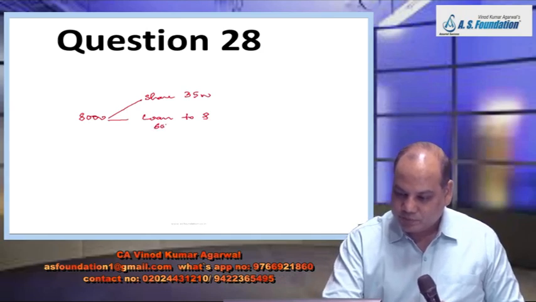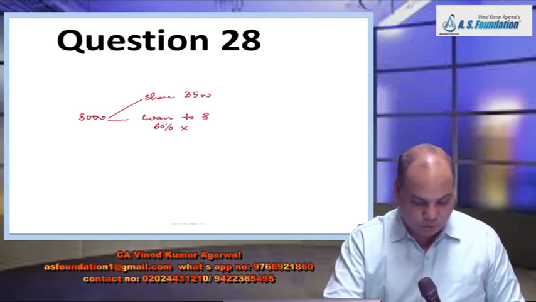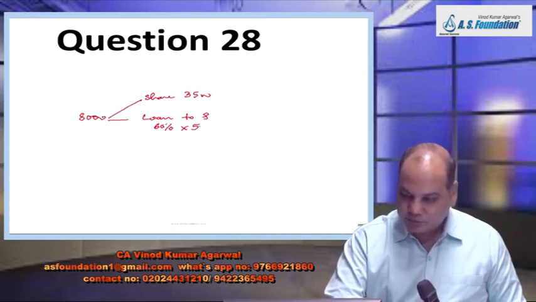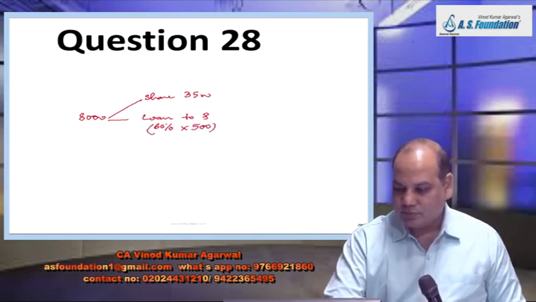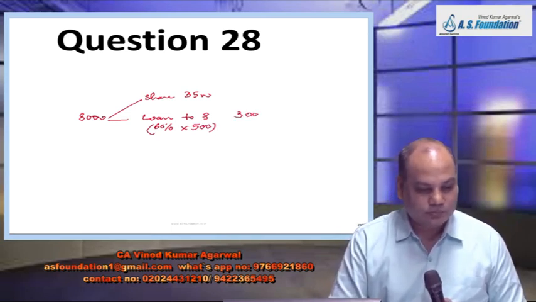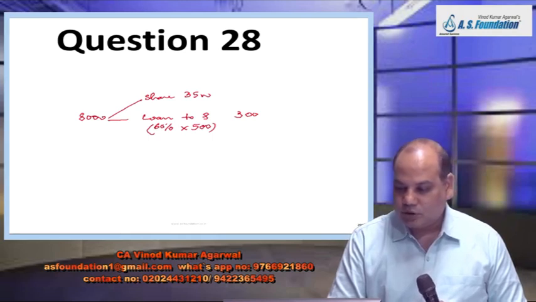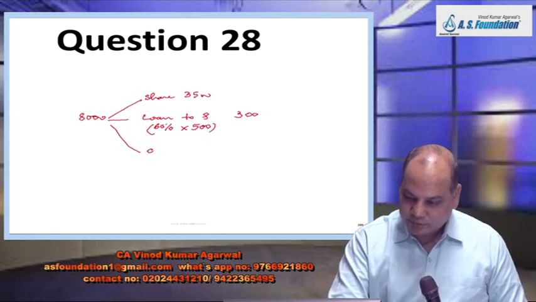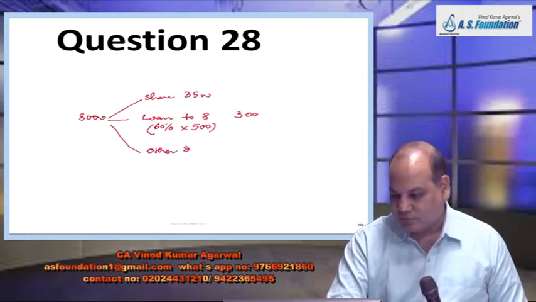This figure is 60% of loan stock of S. Loan stock of S somewhere below is 500. So 300 you have invested in the loan stock also. But still the total is not matching. So what is the remaining? Other investments.